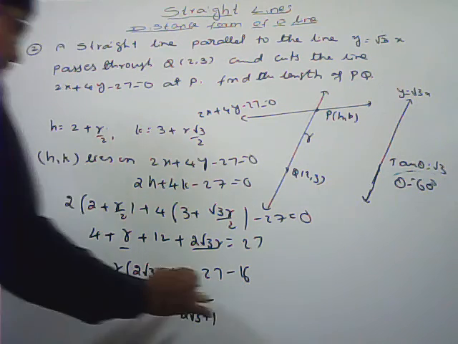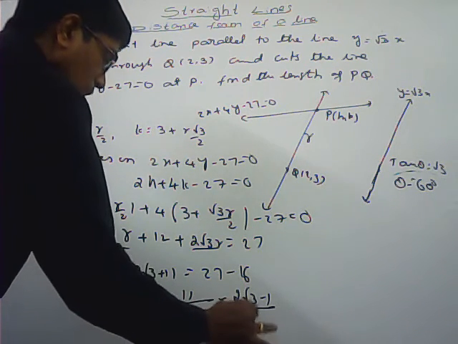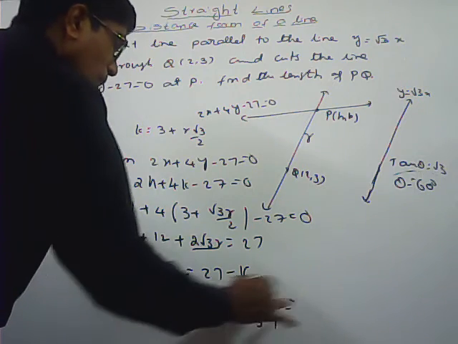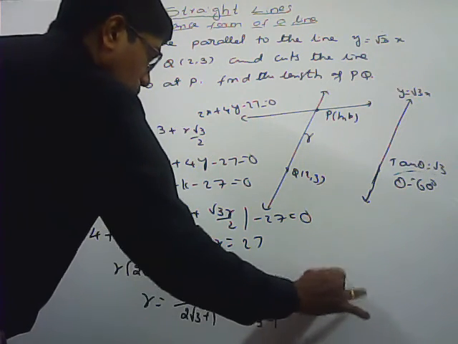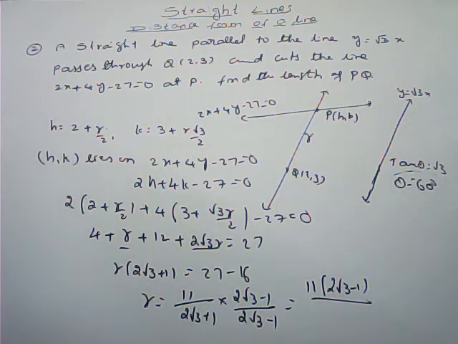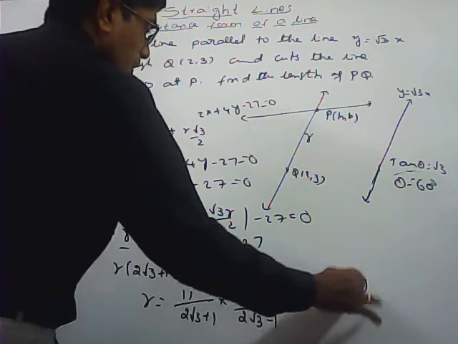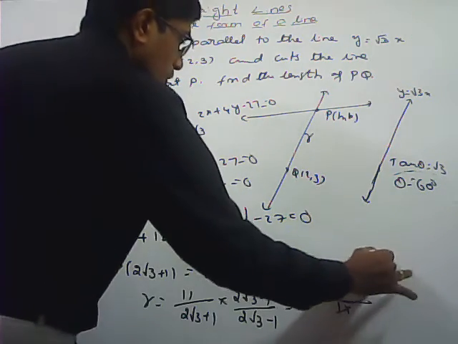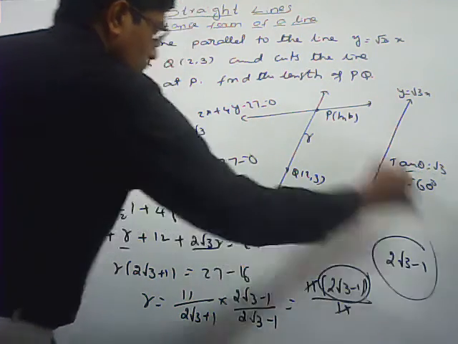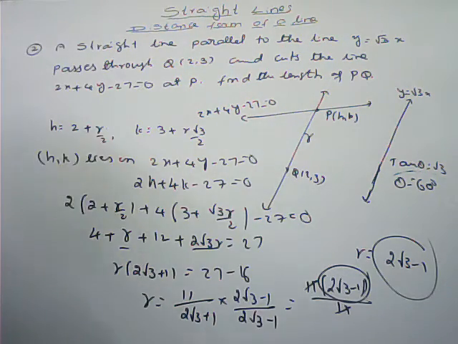If I rationalize this, multiply by (2 root 3 minus 1) by (2 root 3 minus 1): 11 into (2 root 3 minus 1) by a square minus b square. 2 twos are 4, 4 threes are 12, minus 1, that is 11 only. 11 gets cancelled. We get 2 root 3 minus 1. That is the length of PQ.